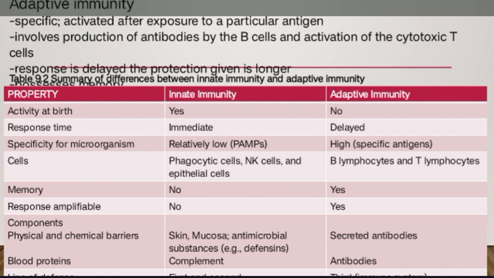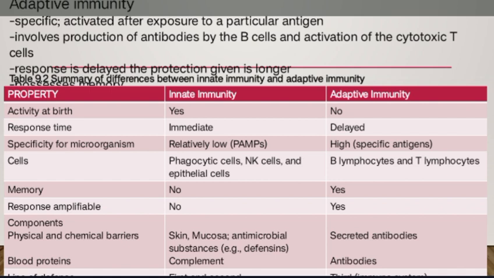Adaptive immune response is delayed compared to innate immunity since it takes about 7 to 10 days. However, unlike innate immunity, the protection given by adaptive immunity is longer and, in most cases, lasts throughout the lifetime of an individual.